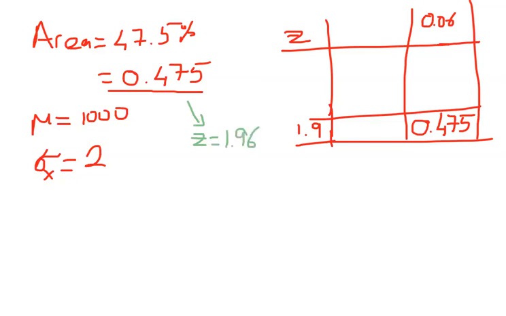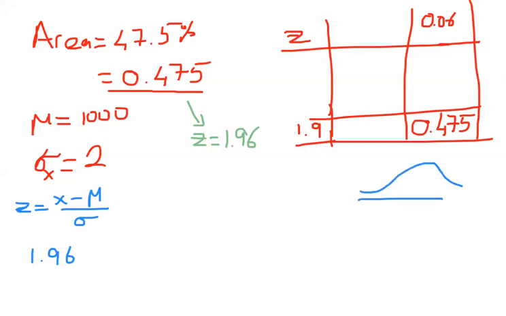Okay, so let's write down our formula, Z is equal to X minus mu over sigma. These values are negative 1.96 and positive 1.96. Let's find the positive part.